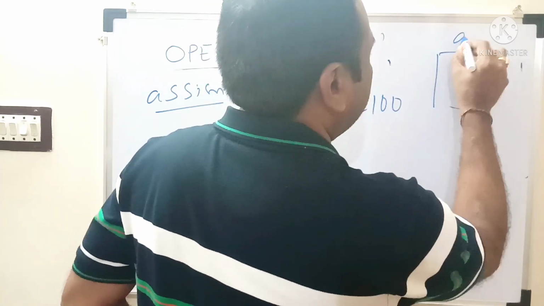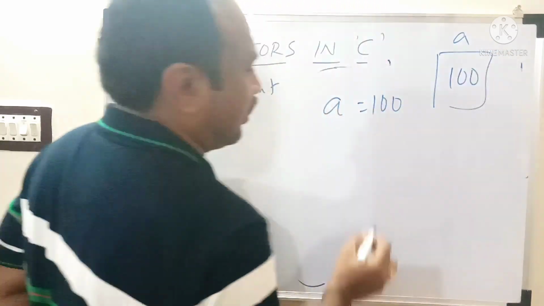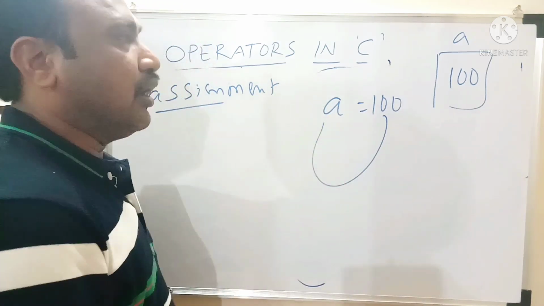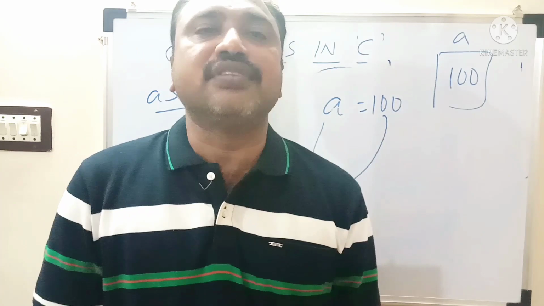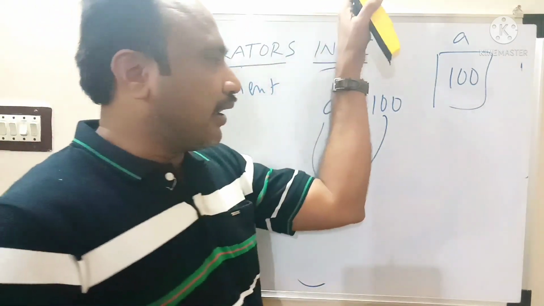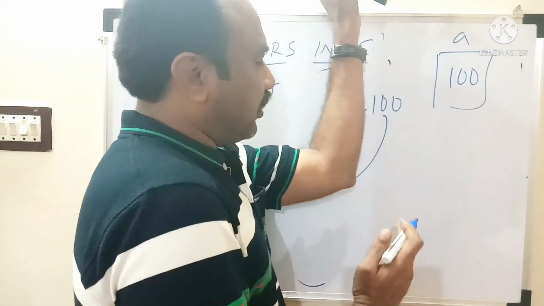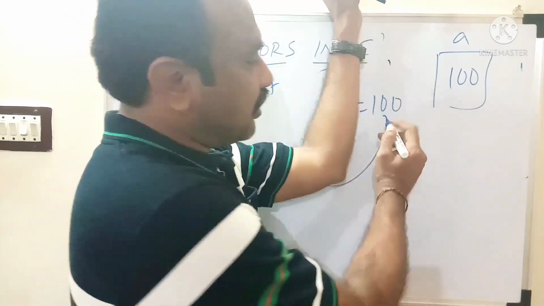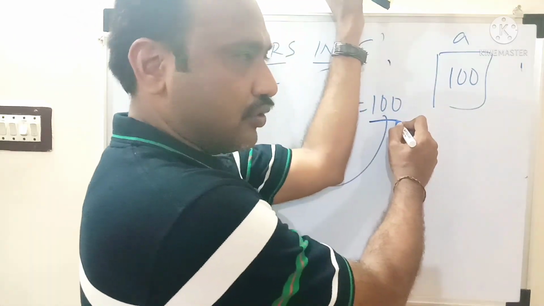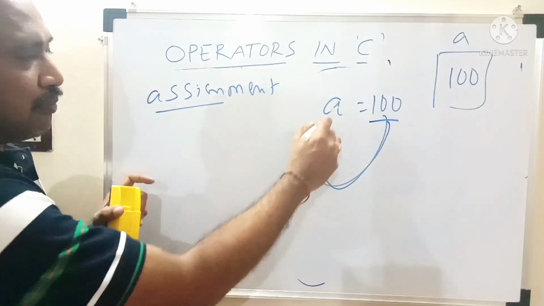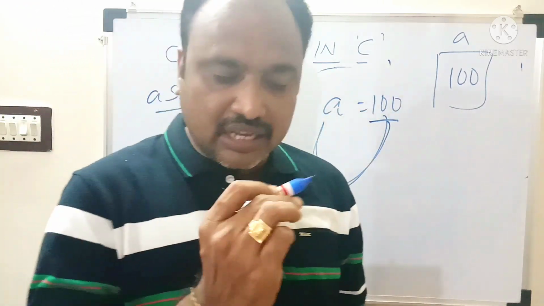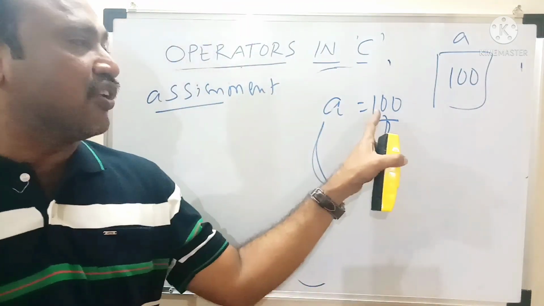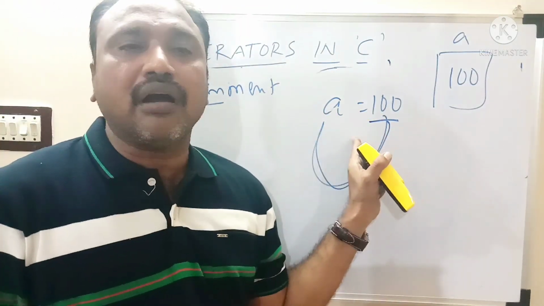Under the name A, I am going to store the value 100. 100 is stored under the name A. To store the value 100 under the name A, we are using single equal to. I already explained, close the left side variable. What is the value here? 100. Now where is it stored? Under the name A. Hence it is referred to as assignment operator.